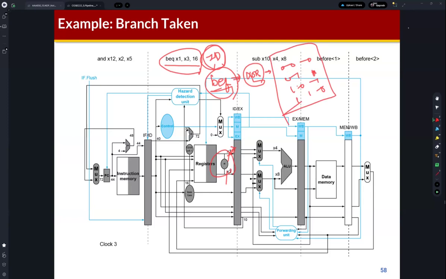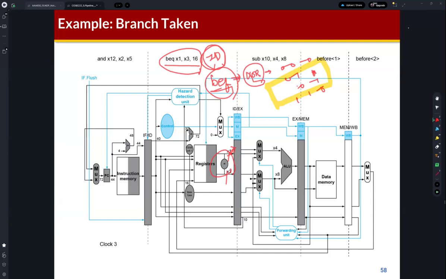So in the exclusive OR gate, if the two bits are different, the output is 1. So by applying the exclusive OR gate for each bit, and if we detect any ones, then we can detect the inequality of two data, right?